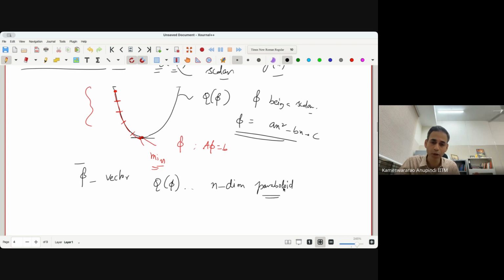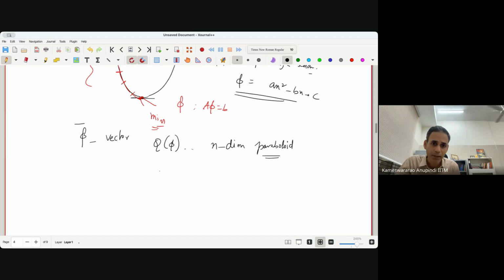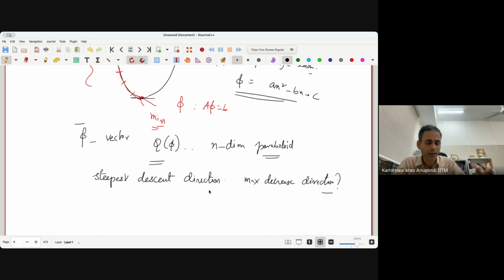In that case also, we can identify the steepest descent direction, that is, the maximum decrease direction. What is the direction? In that direction I take some step, then stop at some point, look at the next maximum decrease direction, go down in that direction for a certain distance, and so on. That is what we're doing.